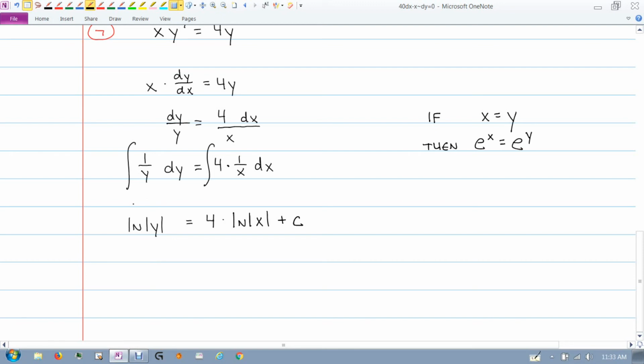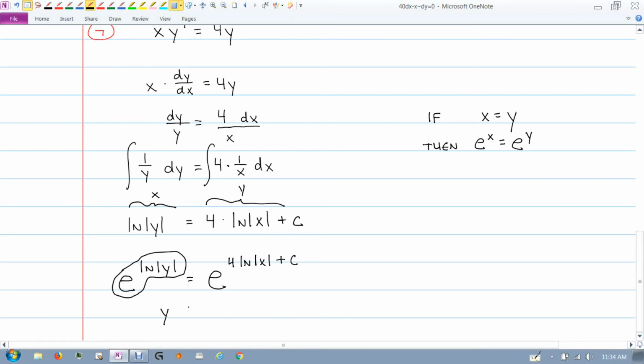So if we look at this left side as being an expression x and it's equal to some expression y, then I can essentially just take e and raise it to both sides like this, and this equation is equivalent. Okay, so the reason I do that is because e to the natural log of y, the e and the natural log are going to kill each other off, and you're just going to get y.